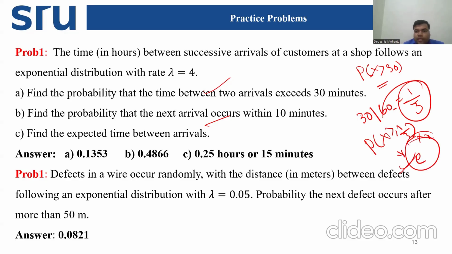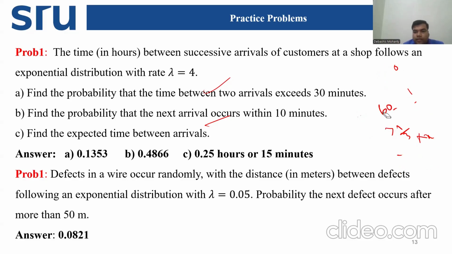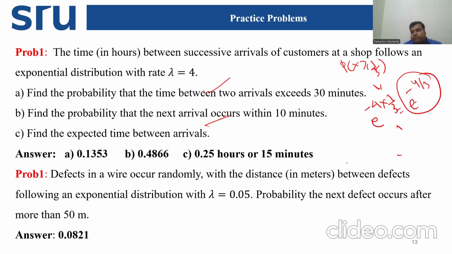So that is e to the power minus 4 into 1 by 3, that is e raised to the power minus 4 by 3.